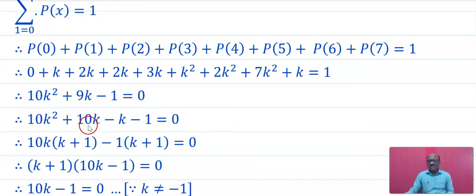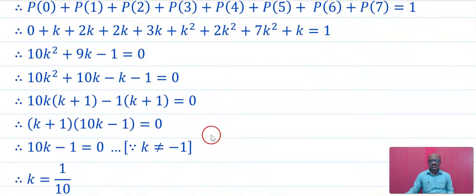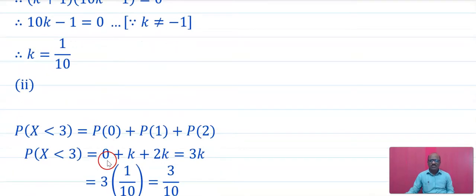Therefore, 10k square plus 10k minus k minus 1 equals 0. Take 10k as common, then in the bracket you will get k plus 1. Take the minus sign, minus 1 in the bracket k plus 1, that equals 0. Take k plus 1 as common and in the next bracket 10k minus 1, that equals 0. Therefore 10k minus 1 equals 0, so k equals 1 upon 10.